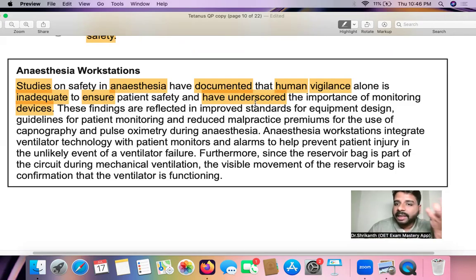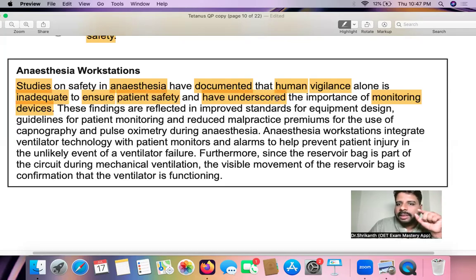This has highlighted the importance of monitoring devices. So much research was done, and from the research we have proof. And what is that proof? Human beings are inadequate. We make a lot of mistakes in our judgment, so therefore we need monitoring devices to ensure patient safety. That is the message coming from the very first sentence.